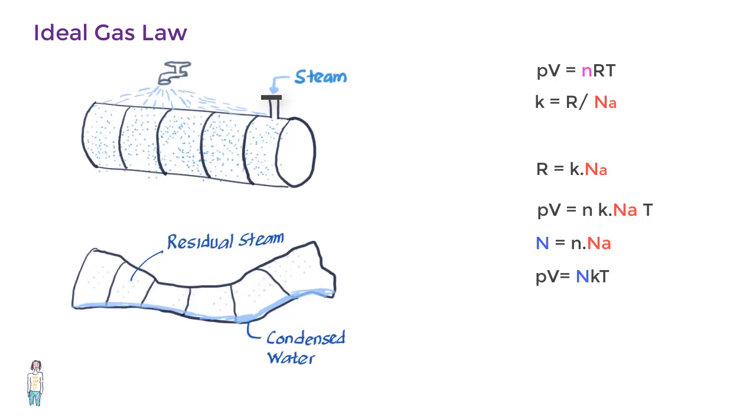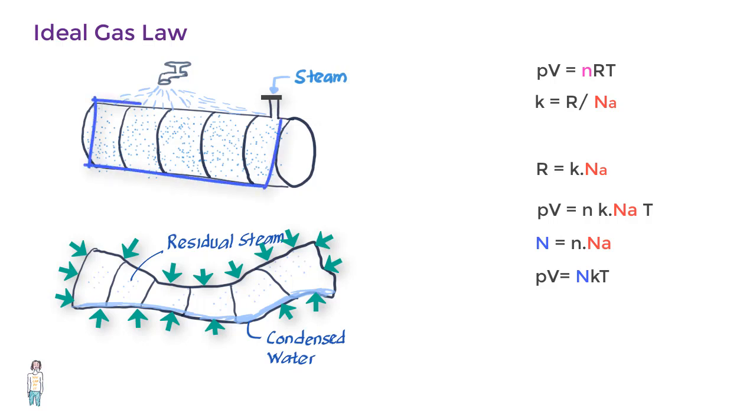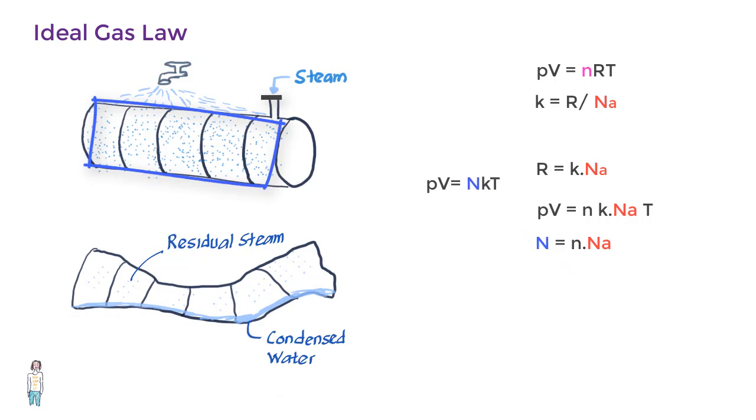Well, it was the atmosphere that caused this tank to collapse. The explanation is that as the process of cooling happened, much of the steam cooled and condensed, and since the steam condensed, the number of molecules N of steam in the tank and the temperature both reduced.